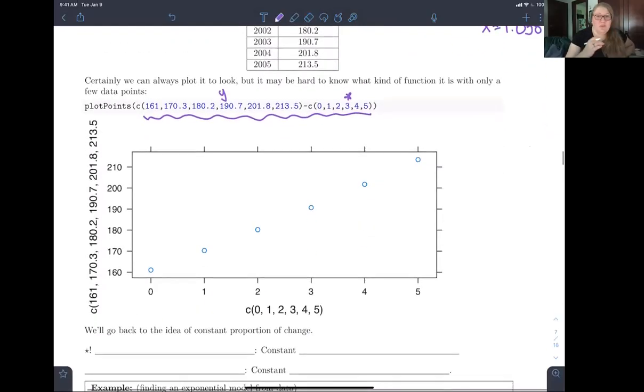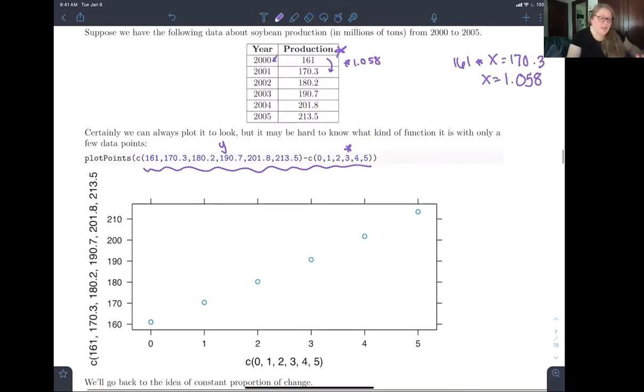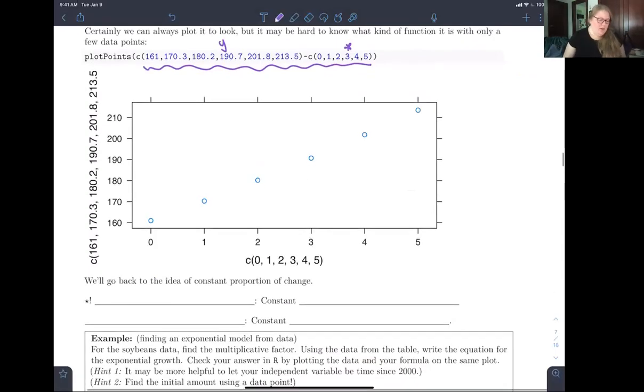And we see something that's really hard to tell if it's a line or not, right? Maybe you're thinking, oh, I can tell if something's exponential, I can just graph it and they look totally different. Well, when you don't have a lot of data points and the factor is pretty small, you might not necessarily know, and that's okay.